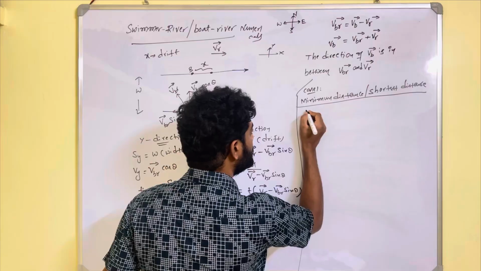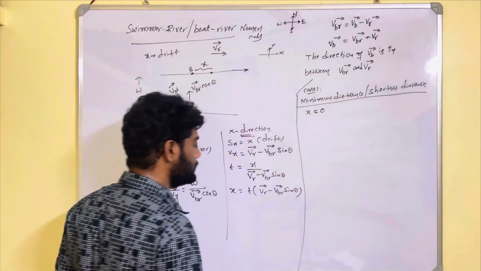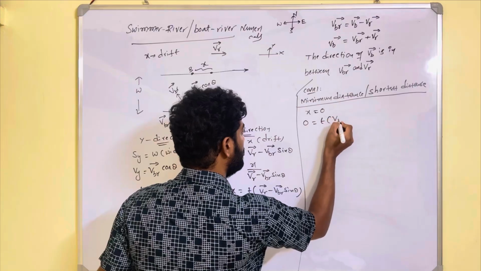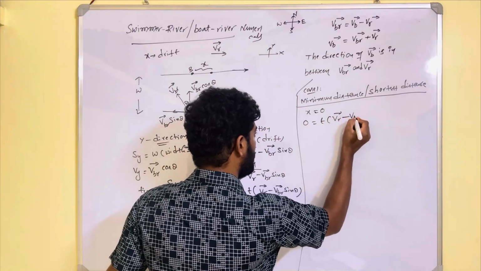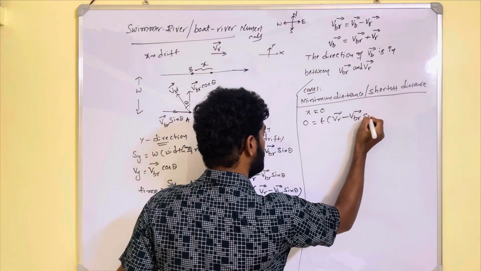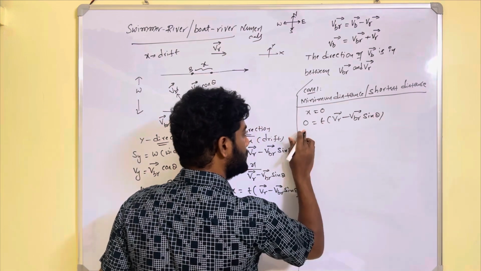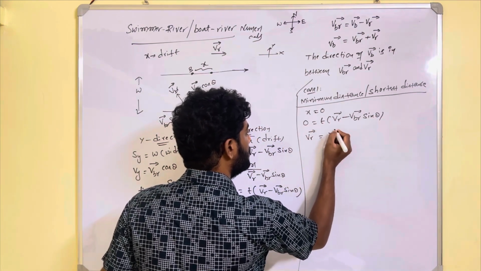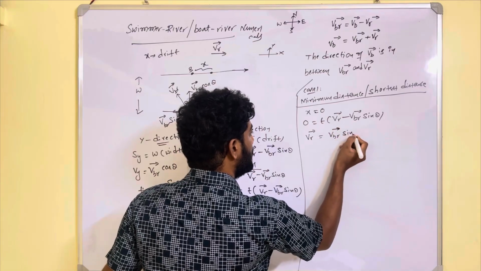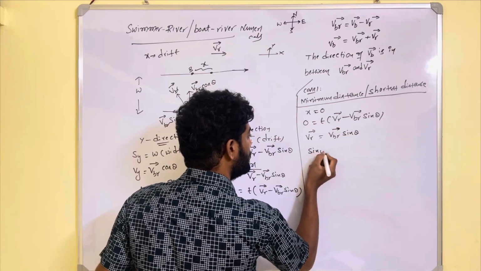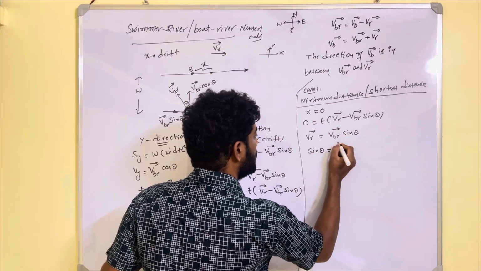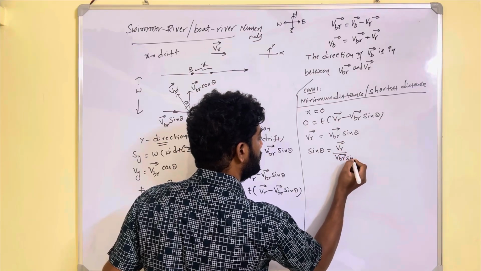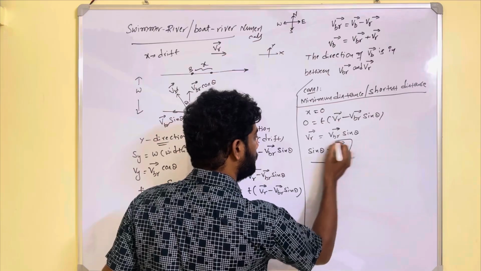So minimum distance or shortest distance means x value how much here? 0. Substitute here. 0 is equal to t into velocity of river minus velocity of boat with respect to river into sin theta. So this is 0. So velocity of river equal to velocity of boat with respect to river sin theta. So sin theta is equal to velocity of river by velocity of boat with respect to river. Okay, this is the outcome.